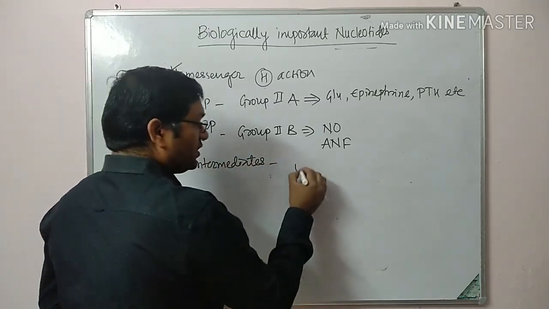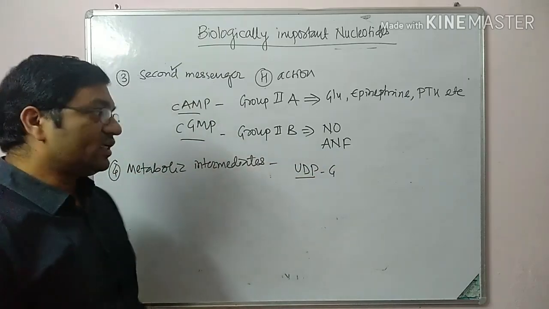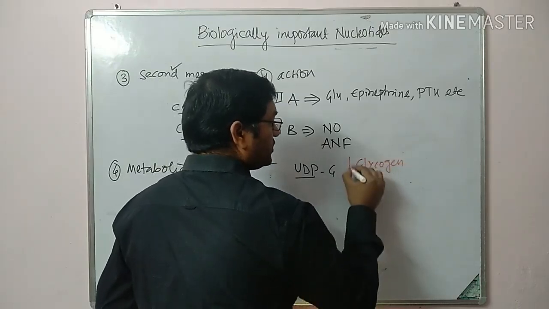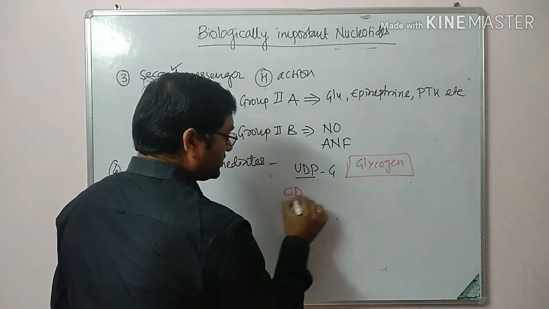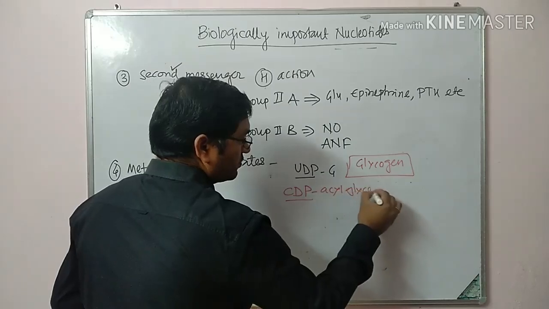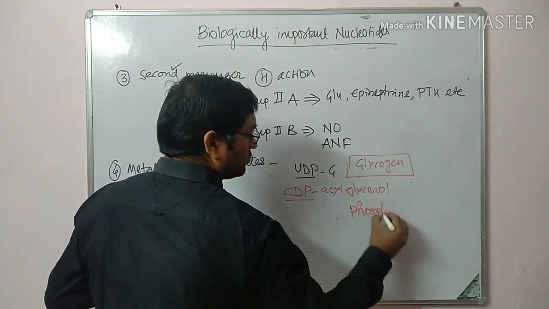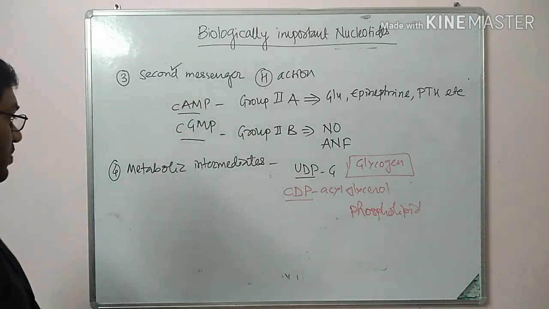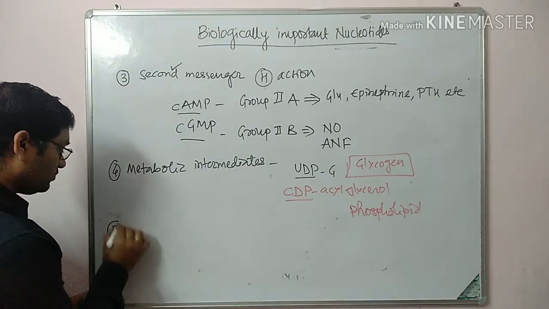For example, UDP glucose, uridine diphosphate glucose, is important in glycogen metabolism, while CDP, cytidine diphosphate acyl glycerol, is important in phospholipid metabolism.